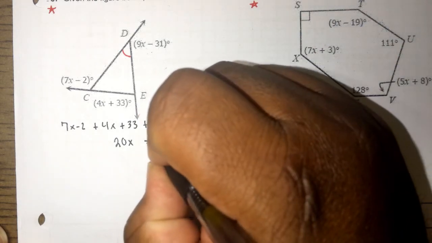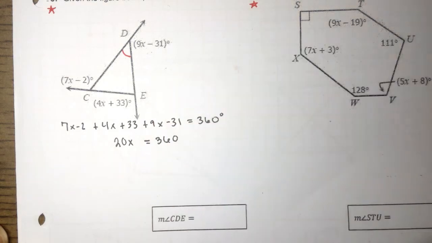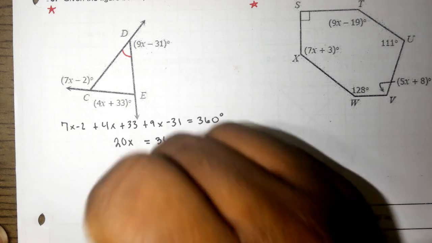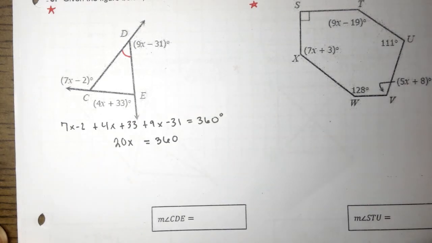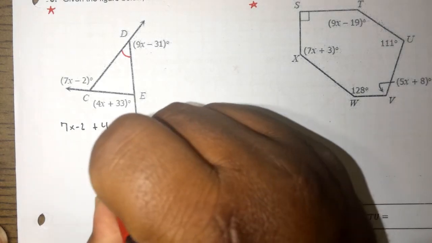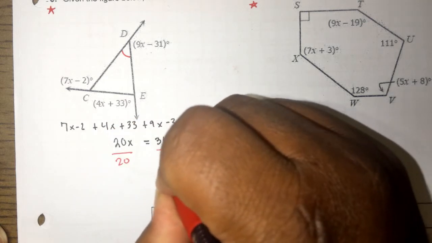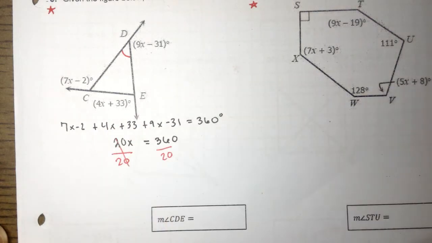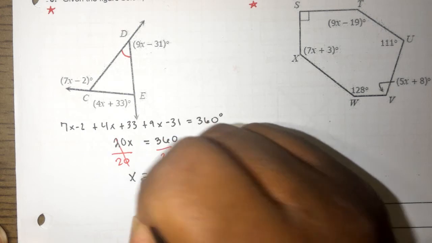So we should get 20x equals 360. And then 360 divided by 20, x equals 18.